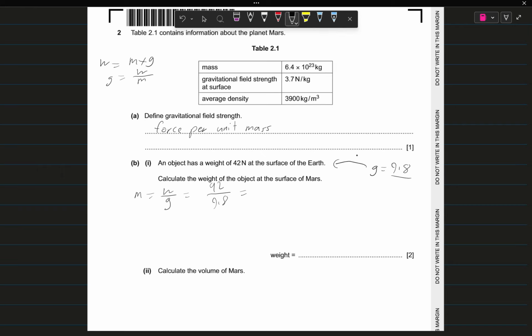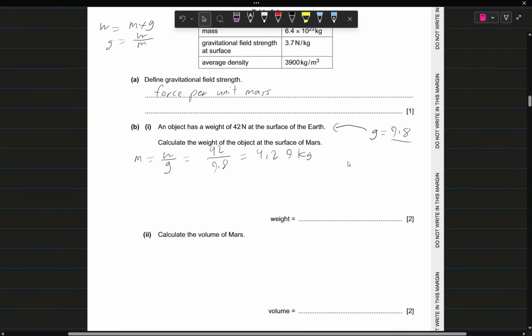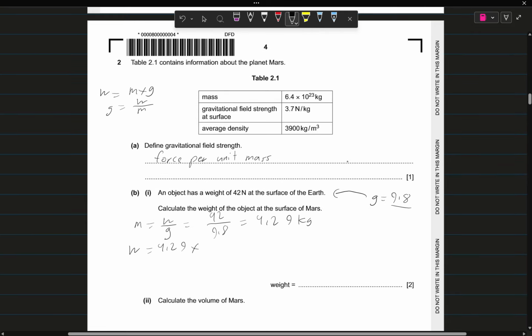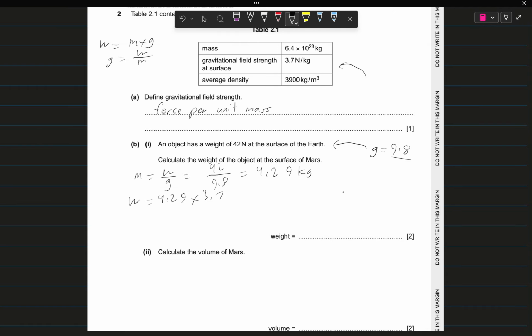Now if we use that, then that will be about 4.29 kilograms. Now if you want to find the weight, then that will be the mass here, 4.29, but this time, instead of 9.8, we multiply it by the gravitational field strength at the surface of Mars, so times 3.7.